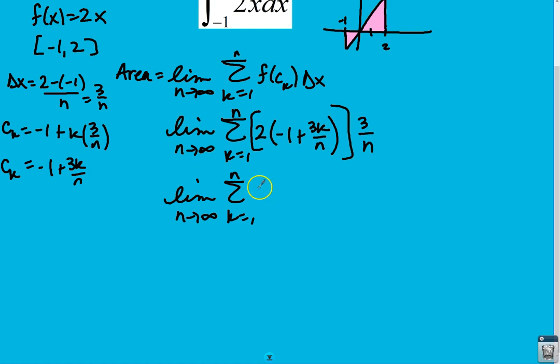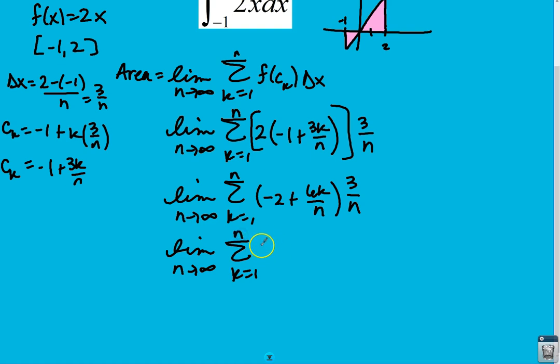So I've got negative 2 plus 6k over n times 3 over n, which becomes the limit as n approaches infinity of, I don't need parentheses anymore, negative 6 over n plus 18k over n squared. So far so good. Everybody's still okay?